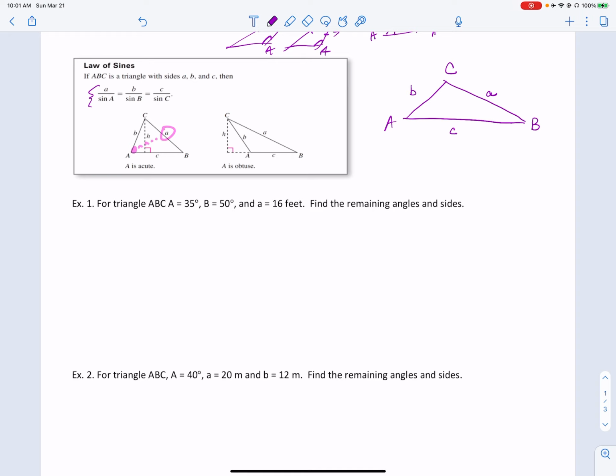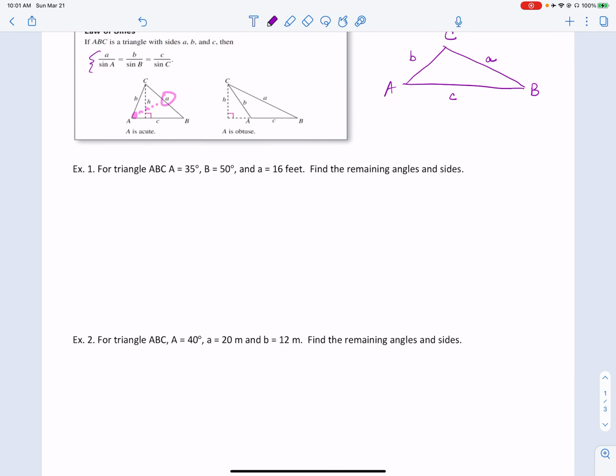So in example 1, for triangle ABC, we have A is 35 degrees, B is 50 degrees. Be careful on these. Be sure that you set your calculator to degrees. It's a change from the radian mode, and you're going to want to be careful with that. When I set this up, I don't worry too much about the angles appearing to be the correct degrees.